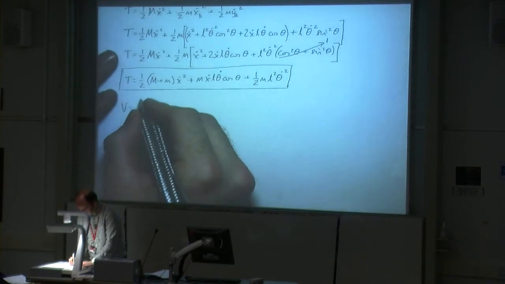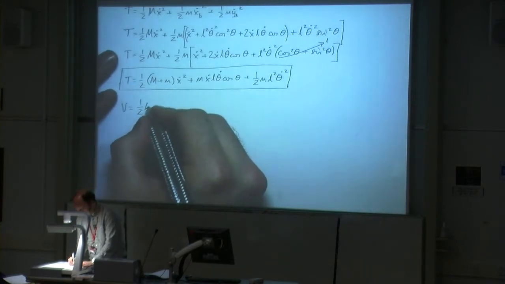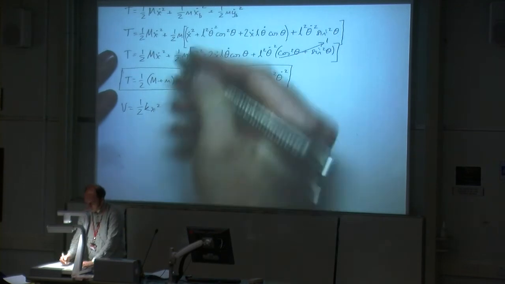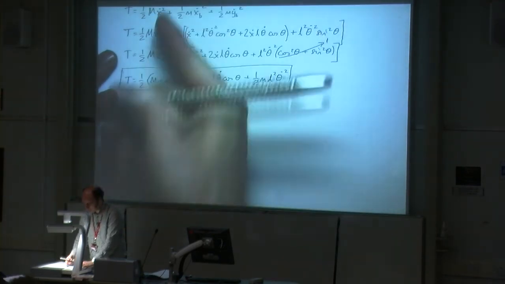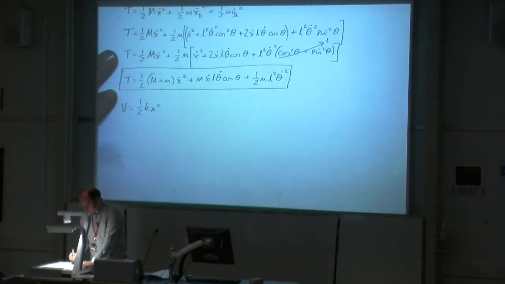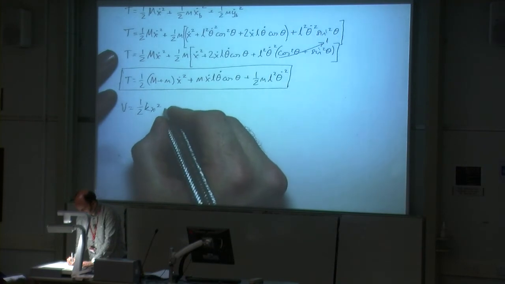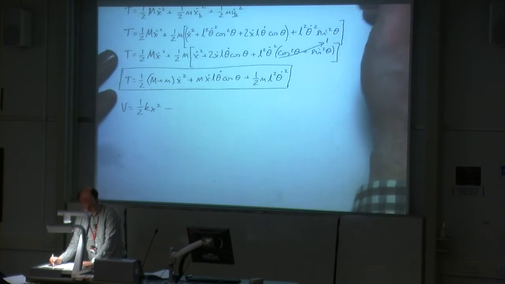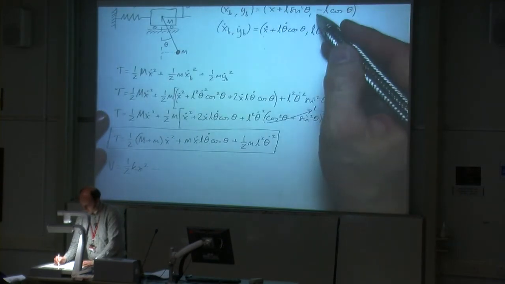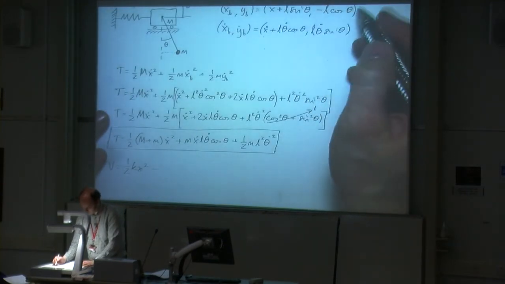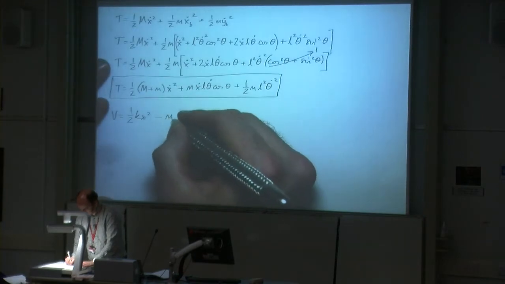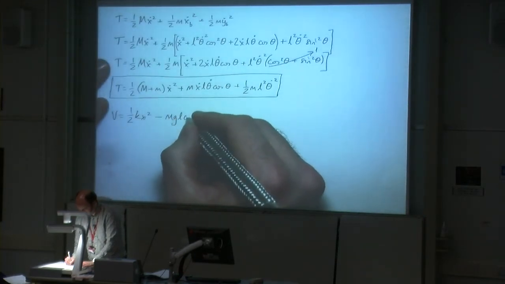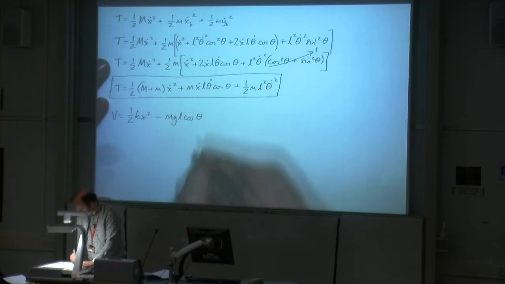We've got the spring potential energy, 1/2 kx squared, and then we've got the gravitational potential energy of the pendulum. So that's minus, because we take this value for y here, mg times that. So minus mgL cosine of theta.